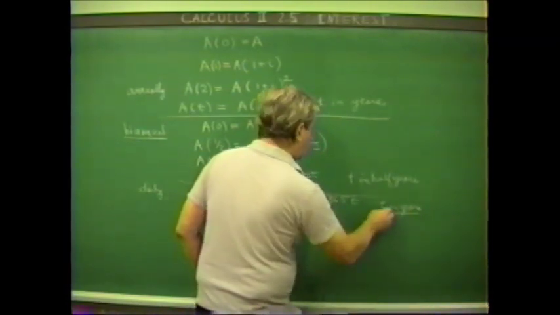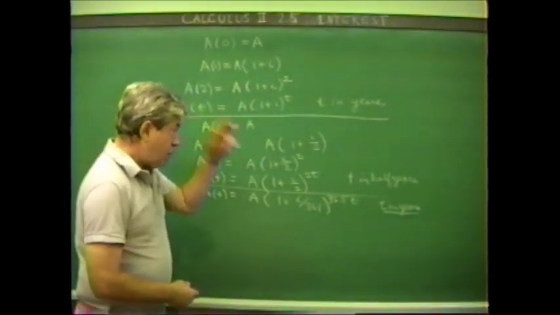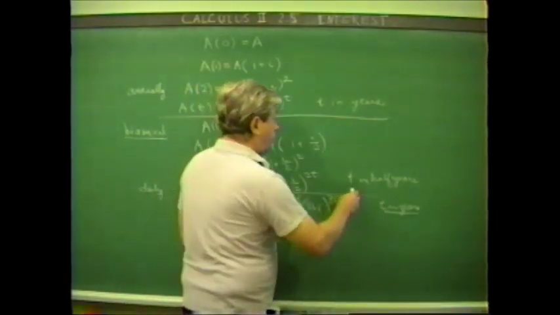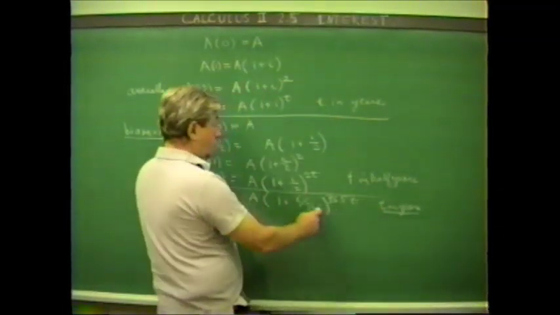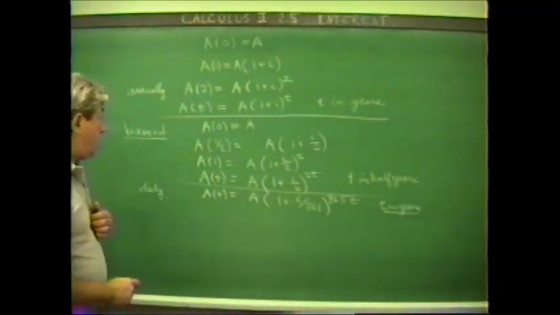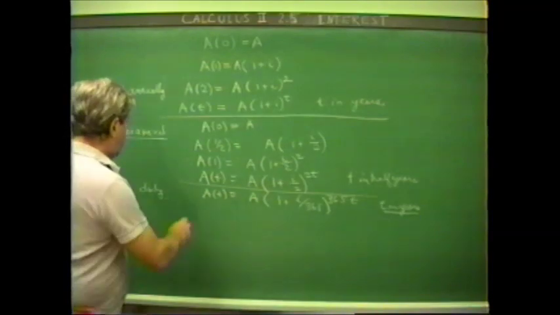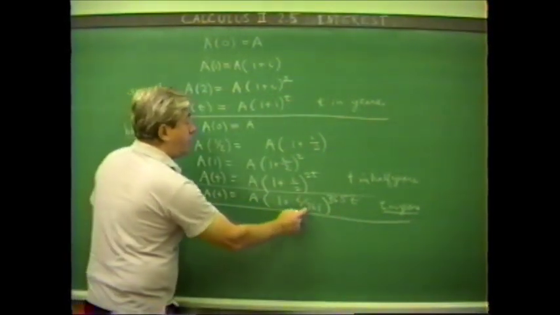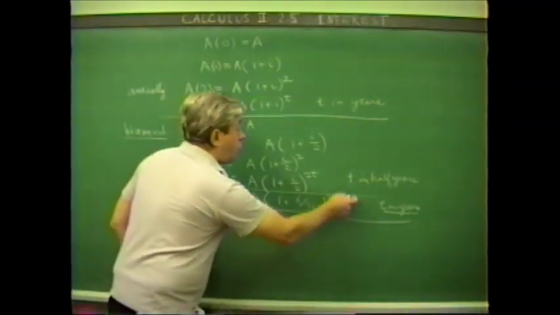But you can use any fraction of 1/365th of t here. And this tells you then what the amount is at the end of time t. Monthly, it would be A times (1 plus i over 12) to the 12t power.